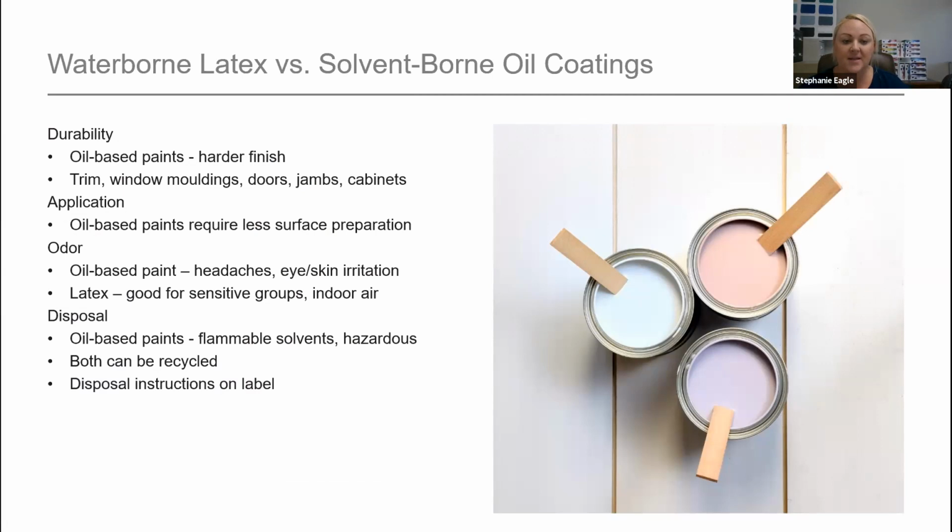Application for oil-based paints requires less surface preparation due to its ability to stick a little easier. Odor, oil-based paints give headaches and can give eye and skin irritation, and latex is good for sensitive groups and indoor air. Disposal of both can be recycled. The instructions are typically on their labels. Oil-based paints do have flammable solvents and can be hazardous.